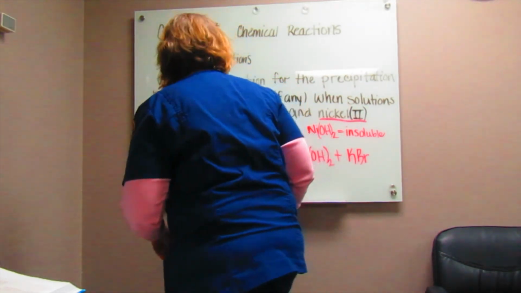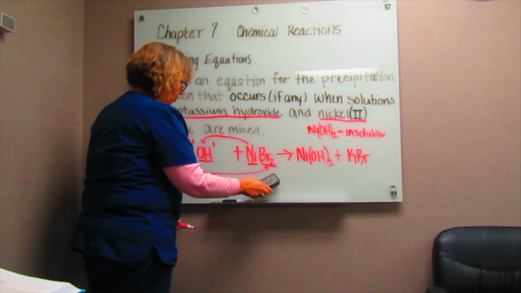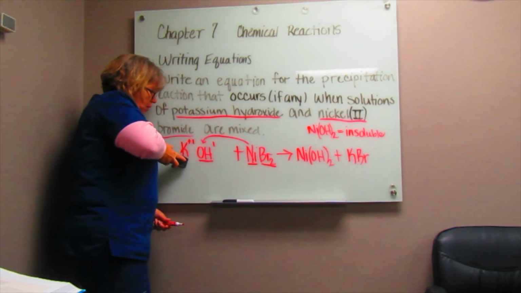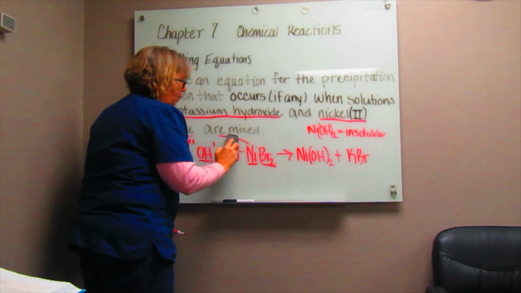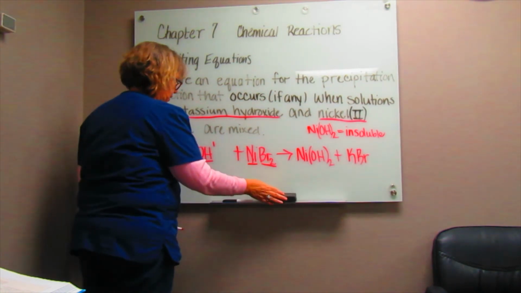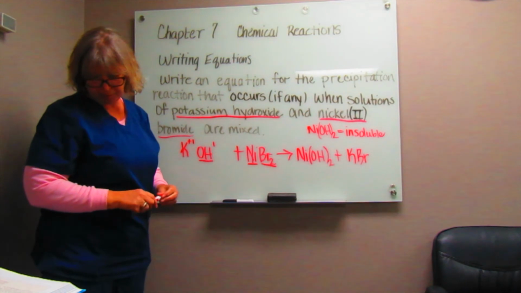All right, so then what we have to do is balance the equation, right? So just looking at the reactant side and the product side, what do we need to do in order to balance this equation?